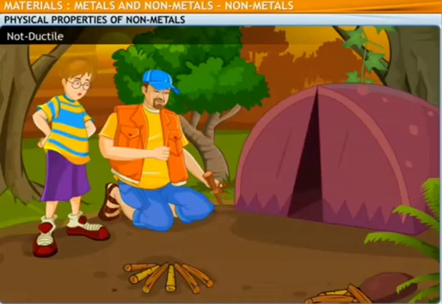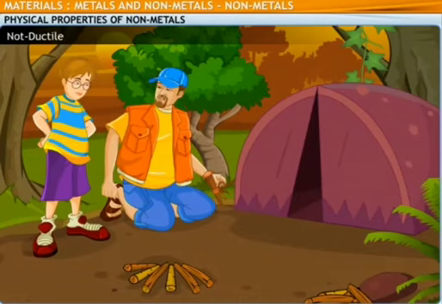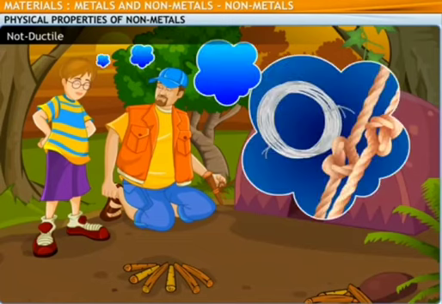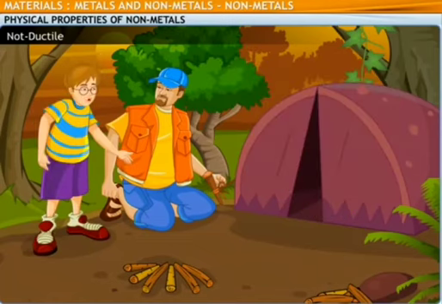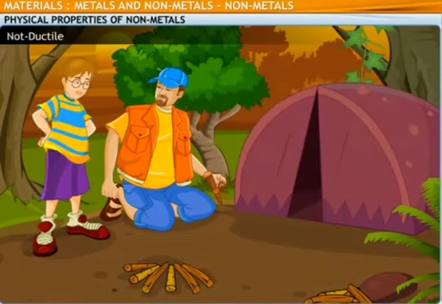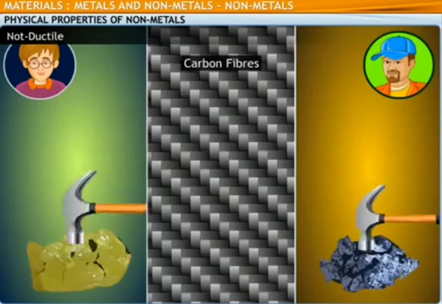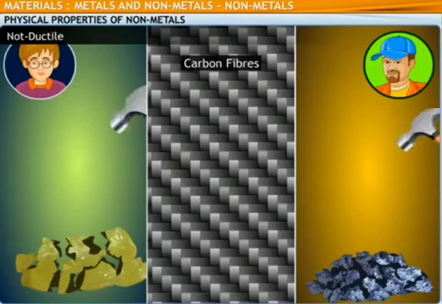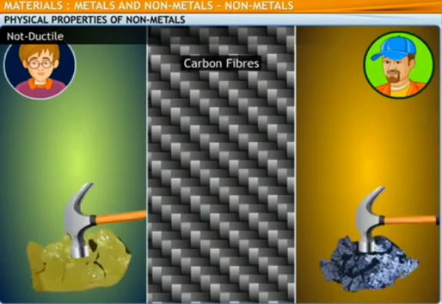What are you doing? I'm trying to tie the tent using this piece of metal wire. It is stronger than a rope. Can wires be made of non-metals too? No, non-metals except for carbon fibers cannot be drawn into wires. They are non-ductile.